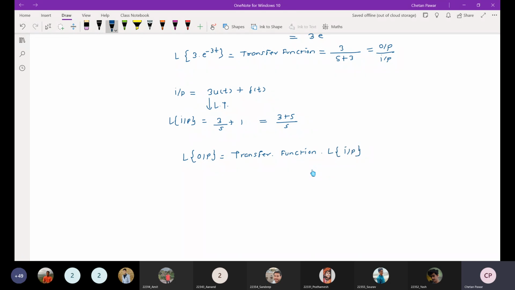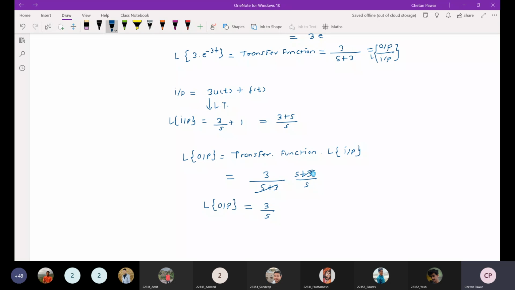Here you consider LT only: LT of output upon LT of input. So what is the transfer function? 3 upon s plus 3. And what is the LT of input here? s plus 3 upon s. So s plus 3 gets cancelled, and there will be 3 by s.